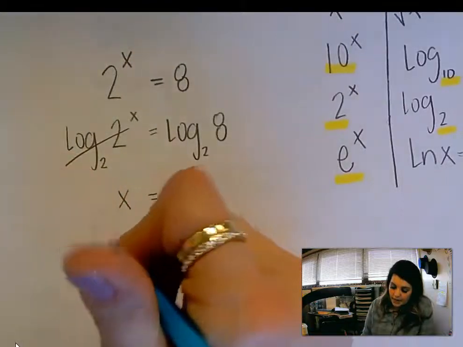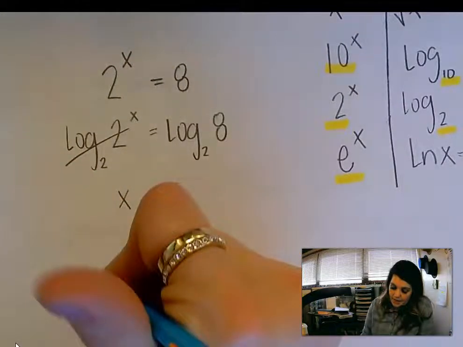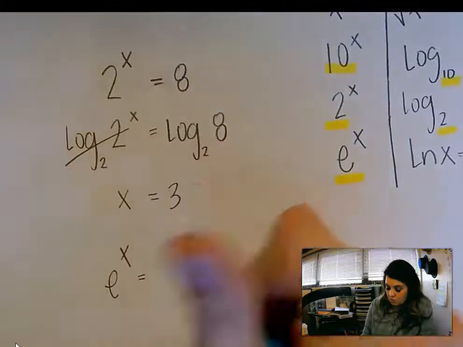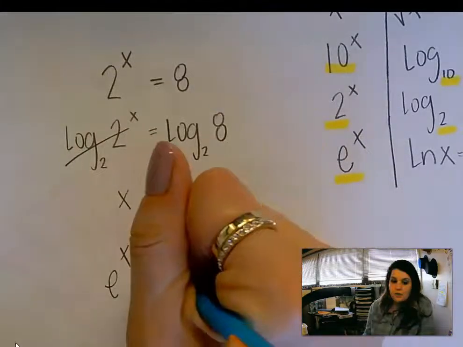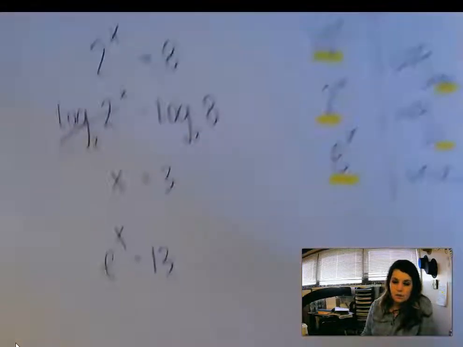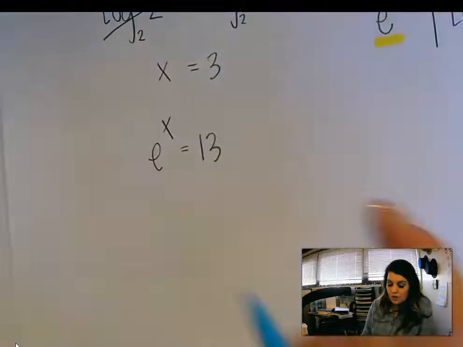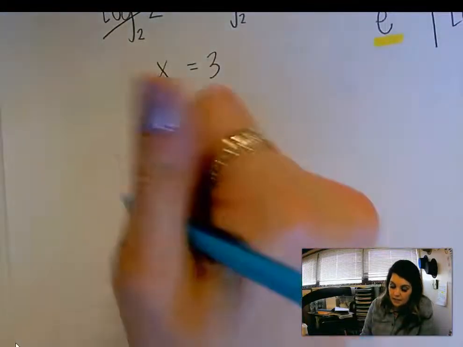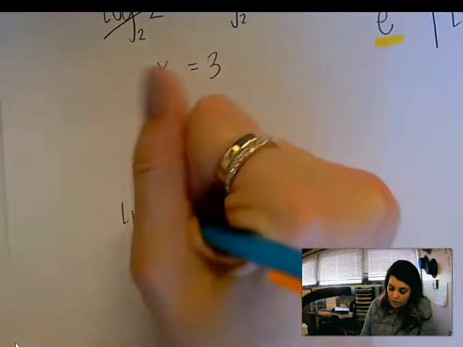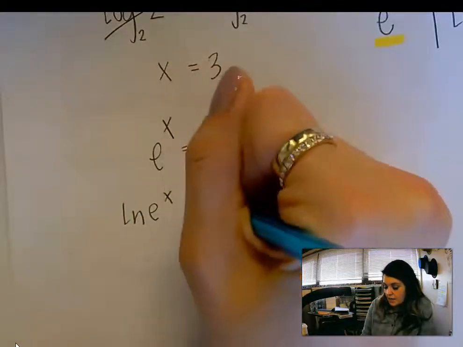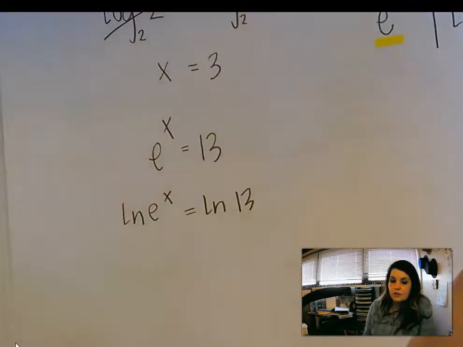Similarly, let's say we have e to the x equals lucky number 13. Well, if I want to get rid of this e as my base, I take the natural log of e to the x and the natural log of 13. These go away now.